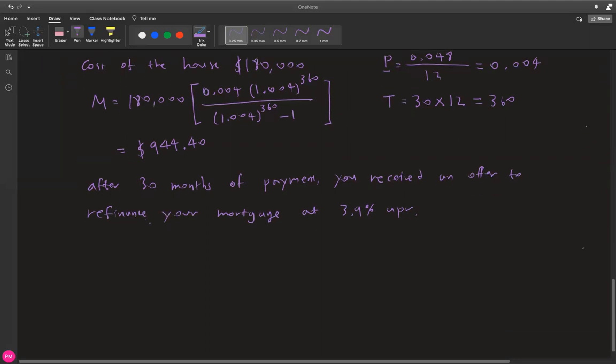So first of all, before we do any calculation, we have to find how much we still owe. So let's compute, so there's a second step.